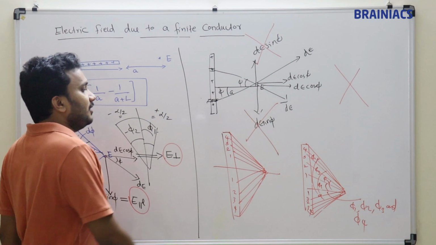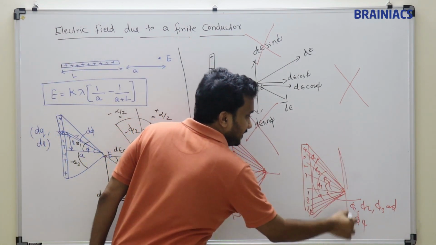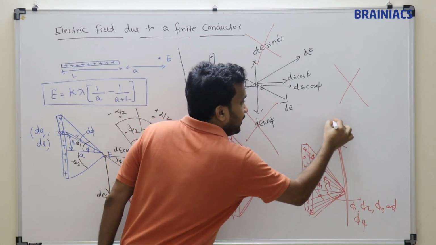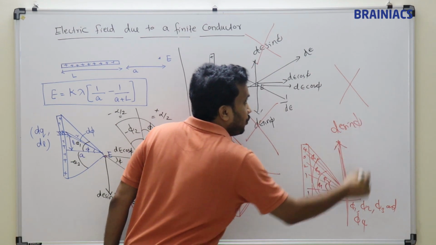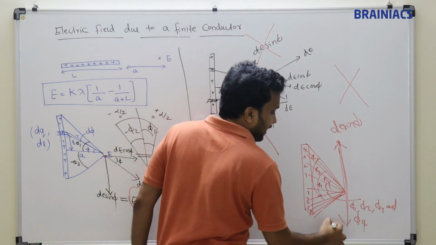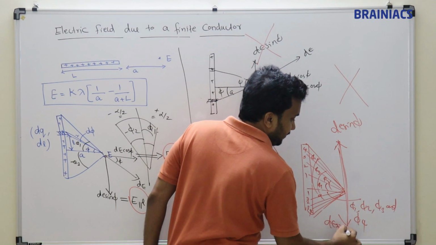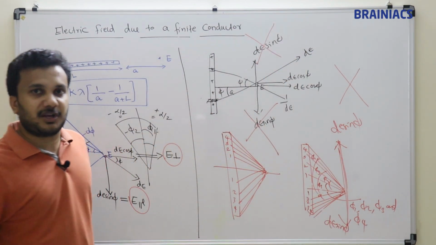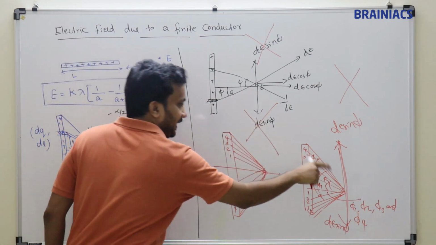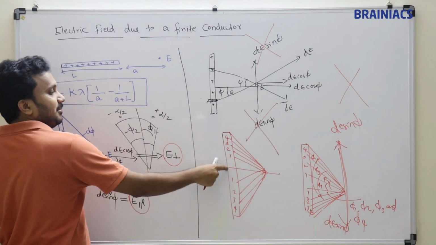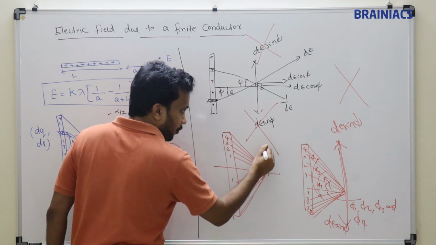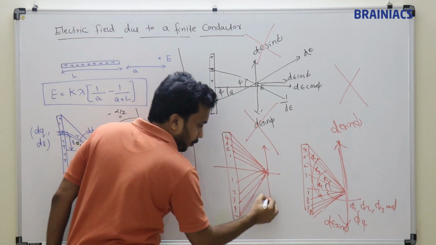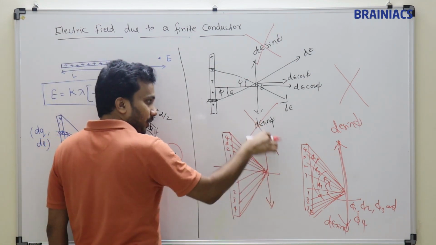If that is not equal, you cannot cancel these components: dE sin phi which is going on top will never cancel with dE sin phi which is going on the bottom. That will never cancel because of the asymmetry. Here it is a symmetry. In this case, if you have 4 components on top, you have 4 components on bottom, and magnitude wise they are equal.